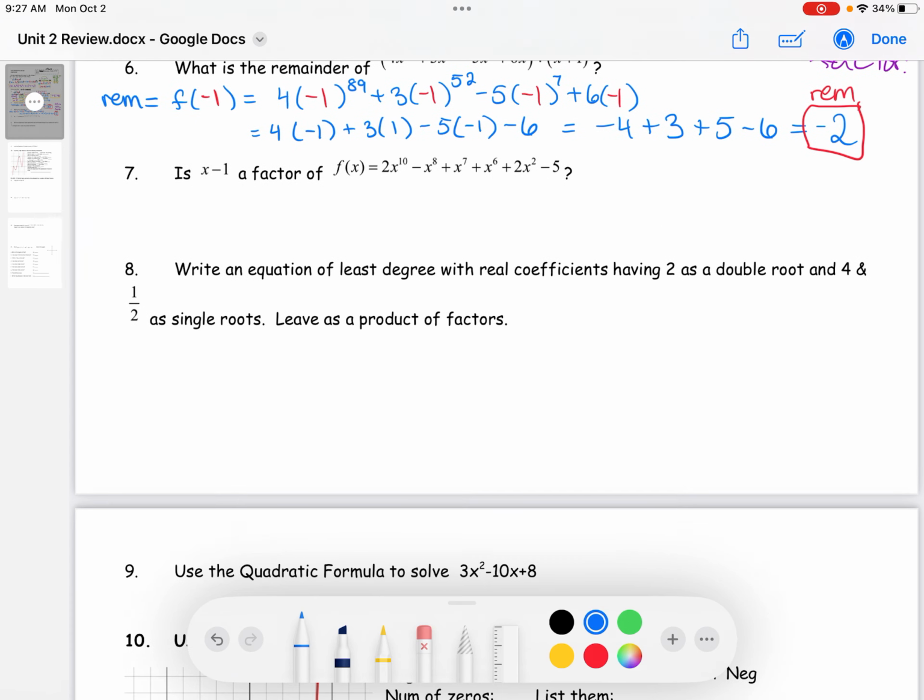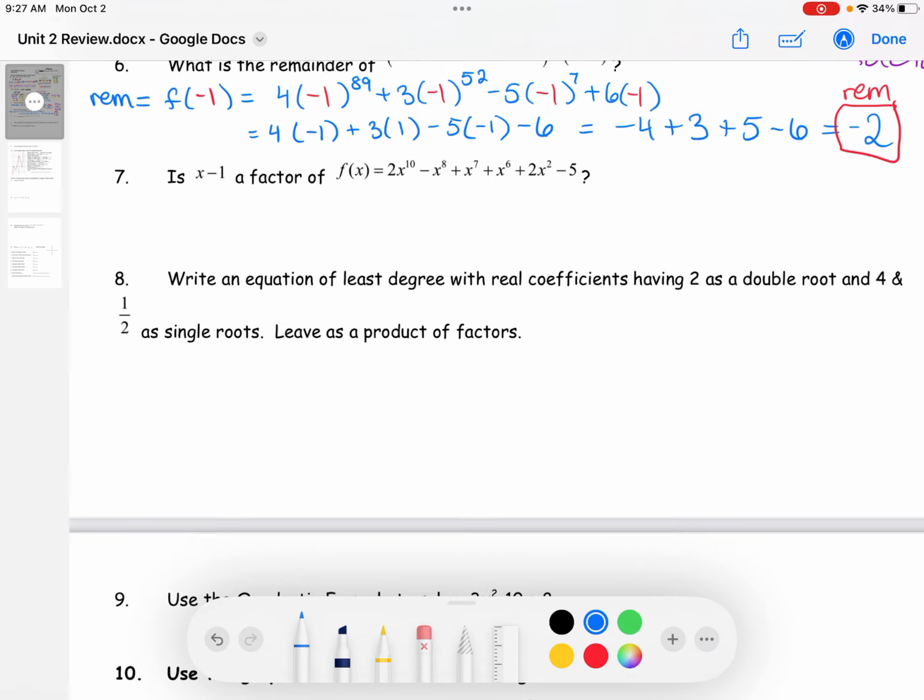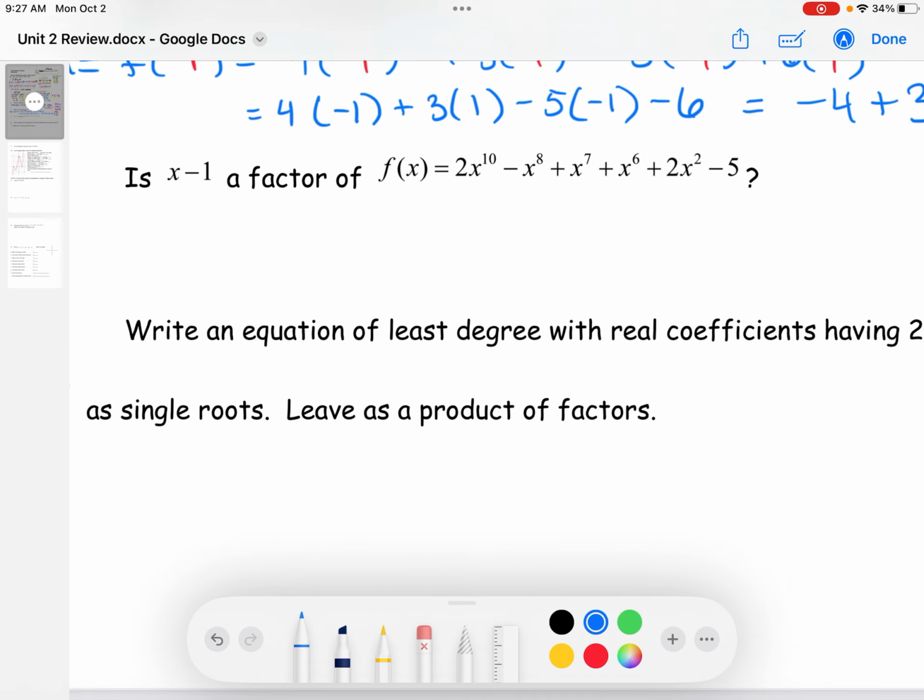So number 7 asks us if x minus 1 is a factor. Again, we can do this without having to do the division because the remainder will be f of, change that sign, will be f of 1.